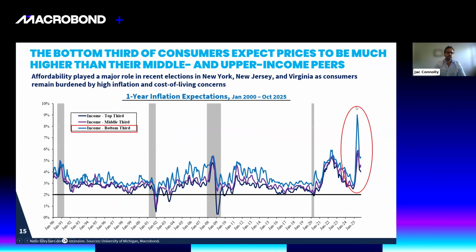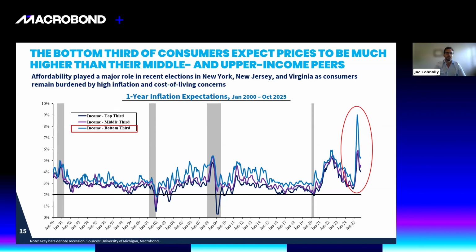This has also translated into higher inflation expectations. We can see that the lowest third of consumers have inflation expectations over the next year that are much higher than their middle and upper income counterparts. And this is in large part due to tariffs. We can see the big spike in 2025, mostly attributable to tariffs.